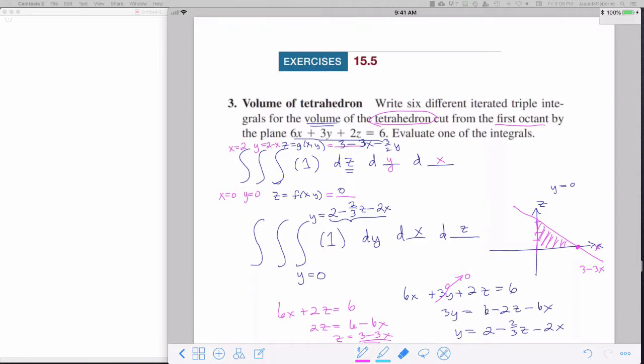We should do this as a dz dx, because this is the way we solved it.